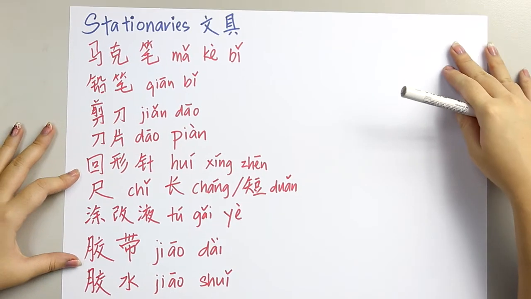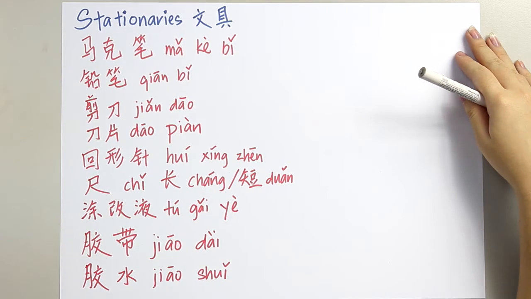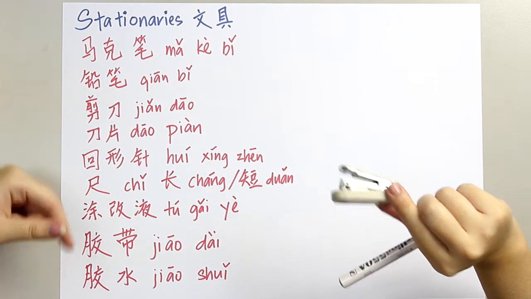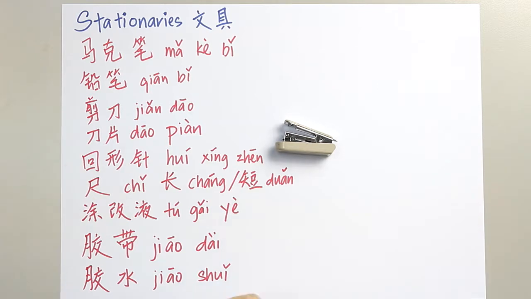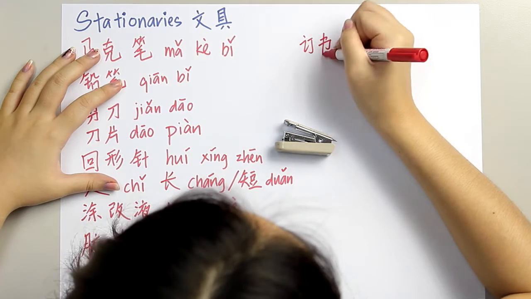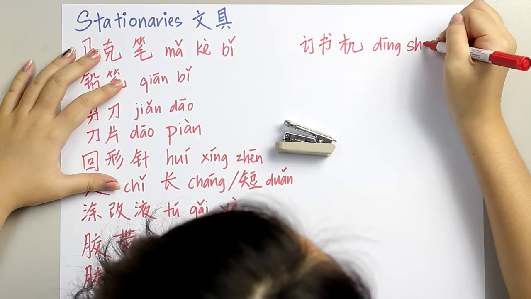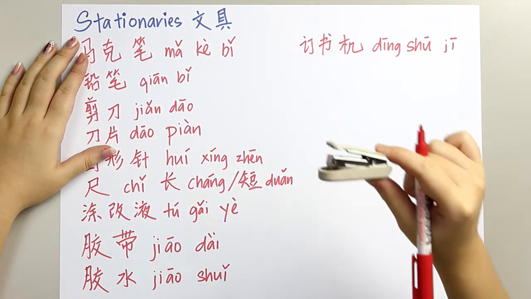Moreover, we can see this. As well as sticking things up, we can also staple it up. So staple, in Chinese we can call it 订书机. Stapler.